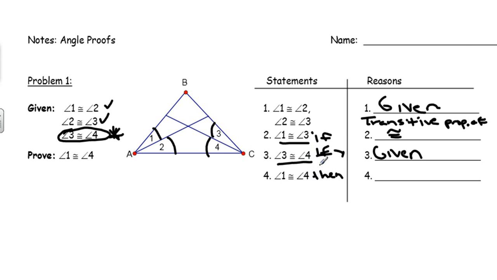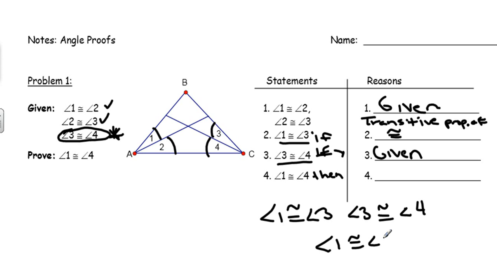And I'm going to write them linearly again. So I'm taking angle 1 is congruent to angle 3, and angle 3 is congruent to angle 4, and my conclusion, my then, is that angle 1 is congruent to angle 4. If you look at it linearly, the 1 stayed in, the 4 stayed in, but the middle terms dropped out. And that's the transitive property of congruency again.